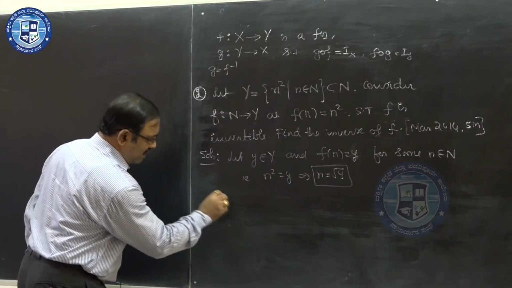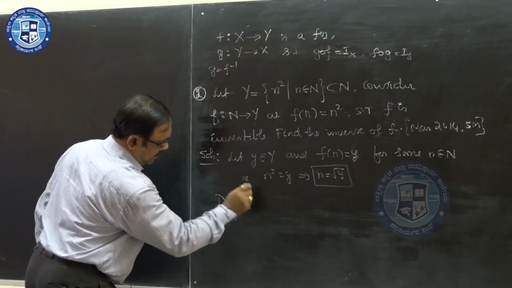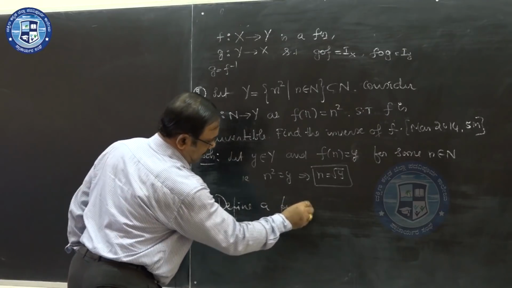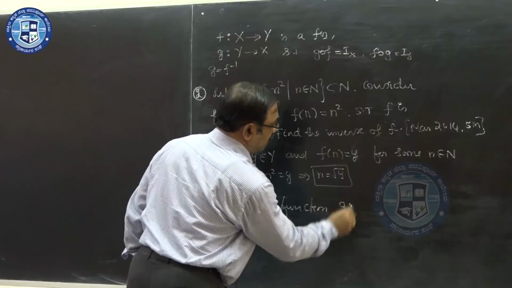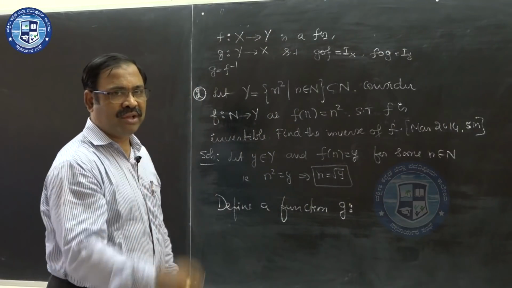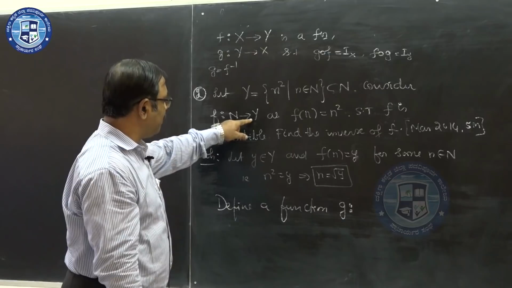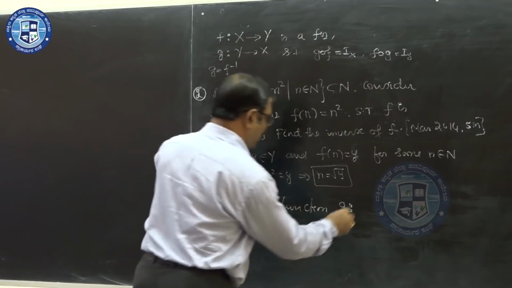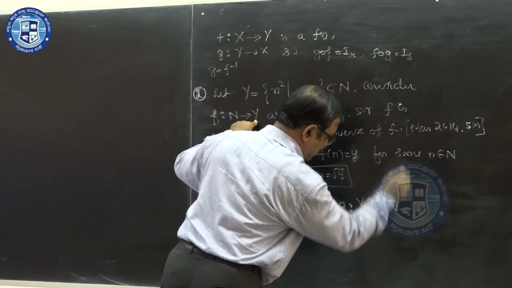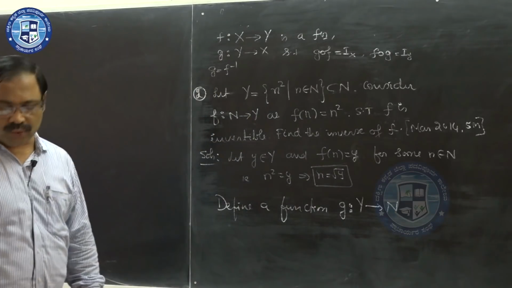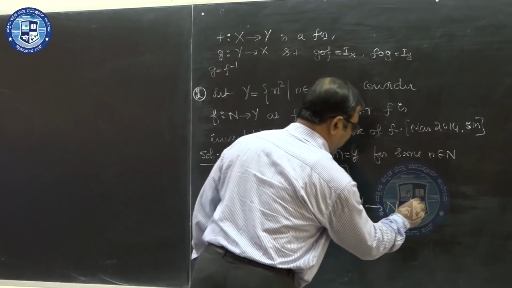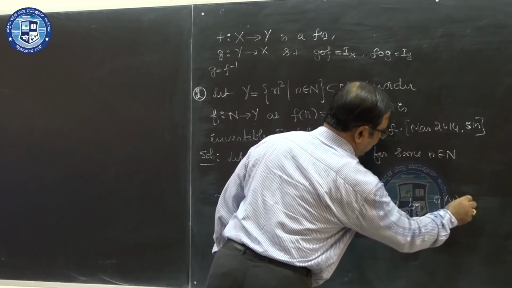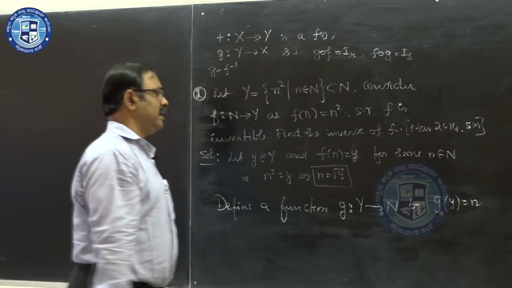Now let us define a function g from Y to N, since you have to define the inverse. Define a function g from Y to N by g of y is equal to n.